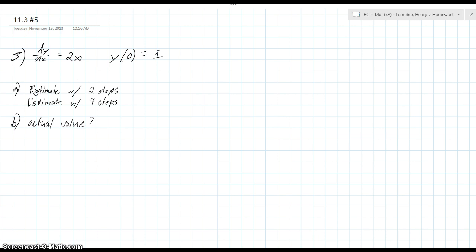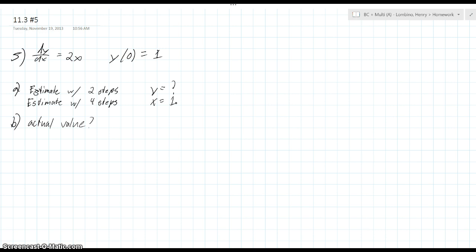So let's look at 2 steps now. What we're trying to find here is what y equals when x equals 1. The first time, we're going to estimate it with 2 steps, so we're going to have 2 different values of x.